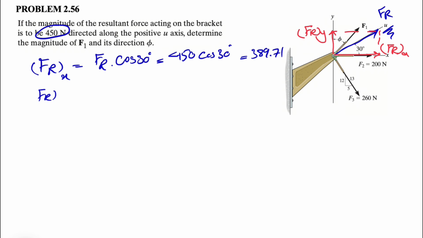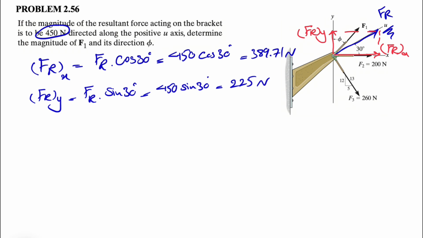To find Fry, we have Fr sine of 30 degrees, and both components are in the positive direction of x and y, so they're both positive. This time we have 450 times sine of 30 degrees. We know sine of 30 is 0.5, so basically we have 450 divided by 2, which is 225.